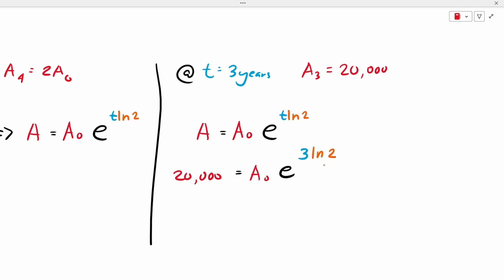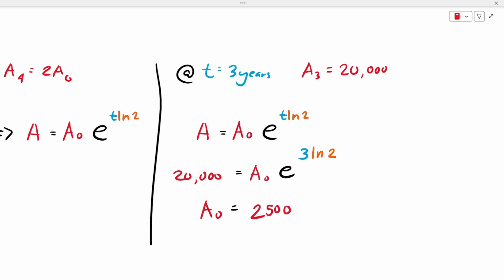If you simplify this, we could now get the value of A sub 0, the initial population, and that is equal to 2,500.